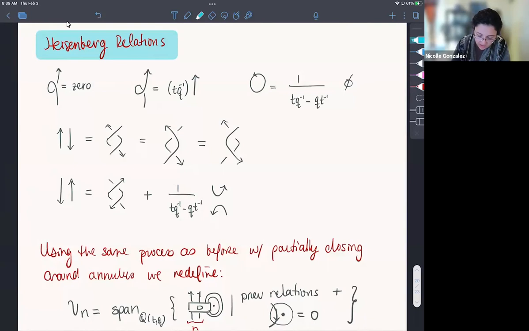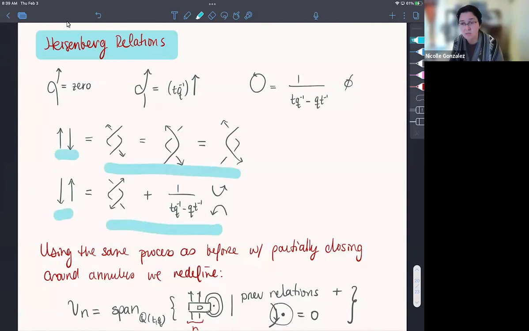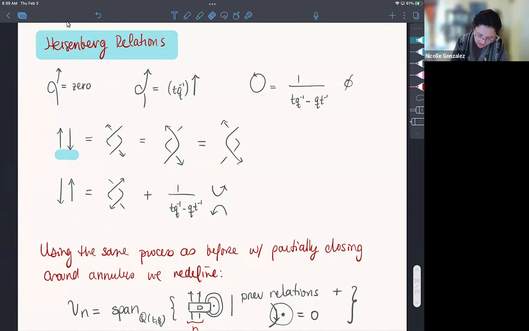And then we have here that depending on the orientation of your crossings, sometimes they can be undone and sometimes they can't, essentially. So if you're familiar with Heisenberg algebras, again, this is precisely the relations that you would expect in a Heisenberg relation. These are a little bit degenerate here, I should point out. These look a little bit degenerate, but that's okay. So they look a little bit weird.